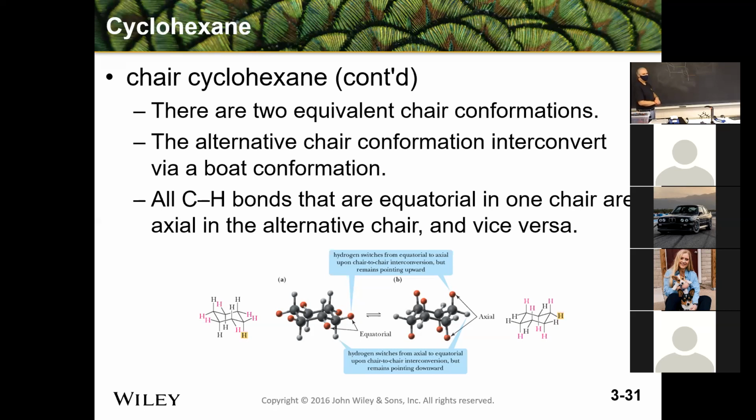So those are the equatorial. When you're drawing the equatorials, the three equatorial groups on the right will point to the right, and three on the left will point to the left. It would not be correct to show this one going that way. So that's how you draw the axial and the equatorial.